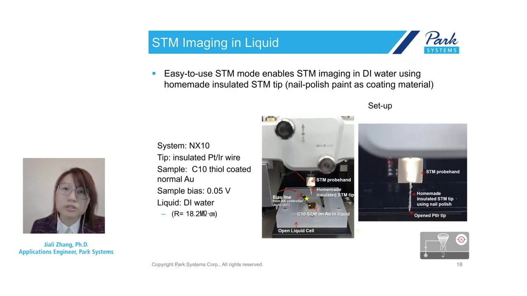In this case, we use a clip to mount it, and this clip is also insulated with nail polish. The sample we use here is C10 SiAl coated normal gold, which was created by thermal evaporation. And the liquid I used in this experiment is just DI water.